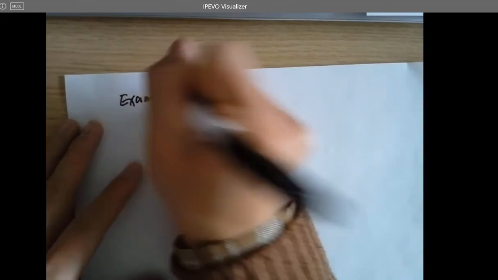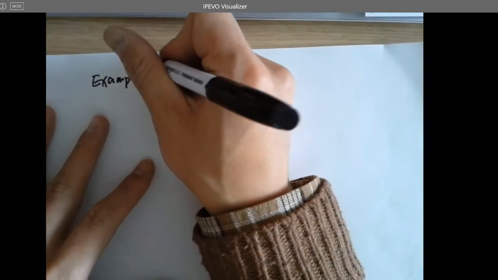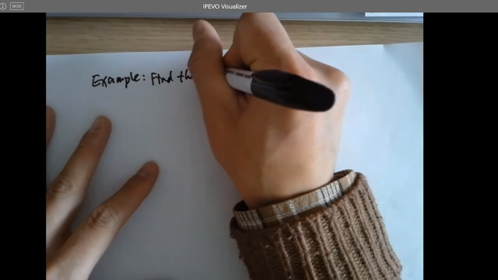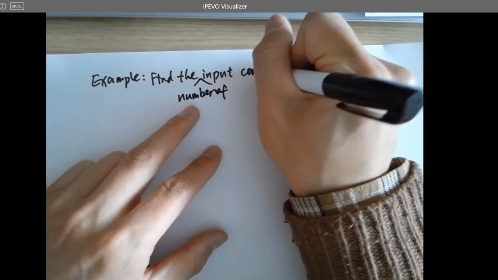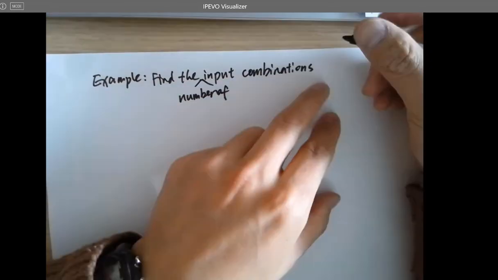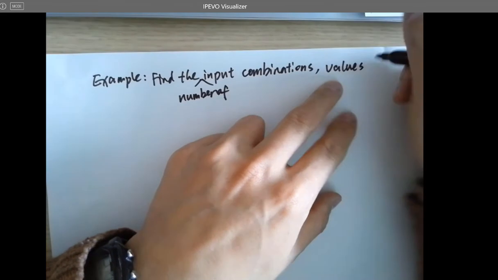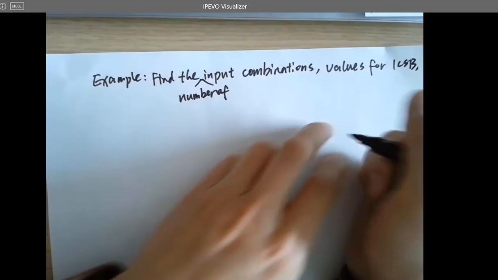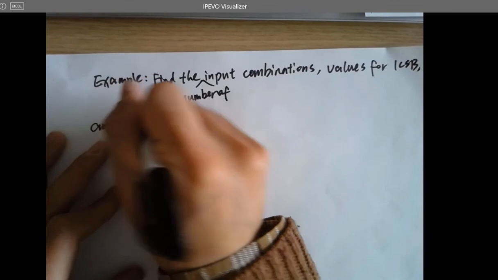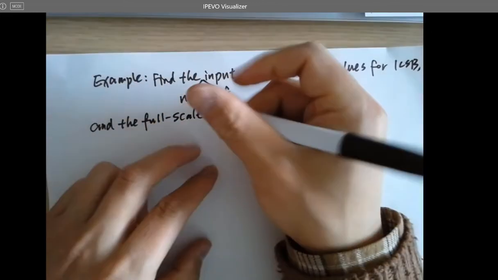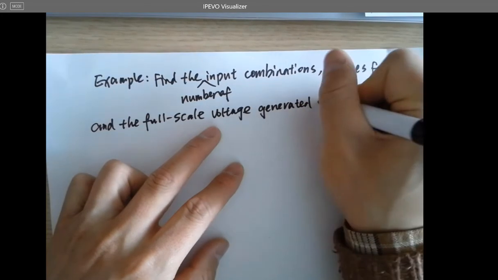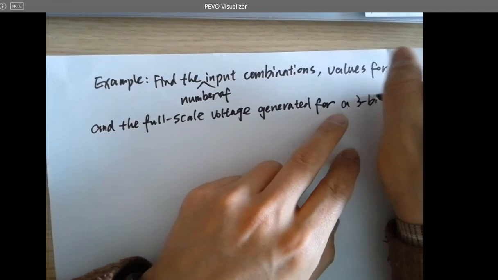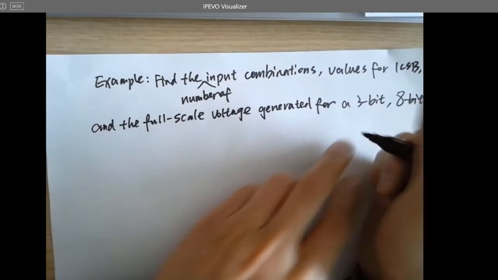One more example. Find the number of input combinations and the values for one LSB and the full scale voltage generated for a 3-bit, 8-bit, and a 16-bit DAC.